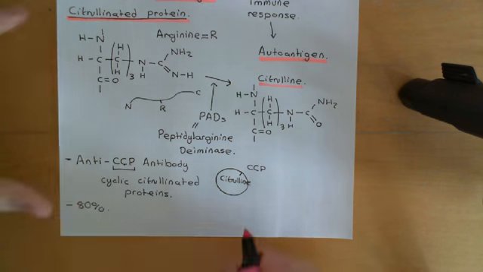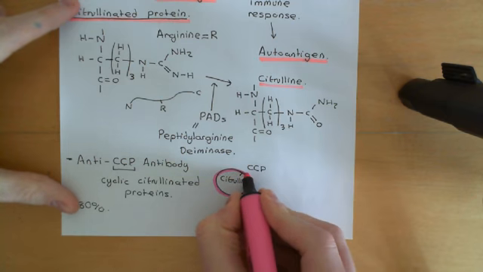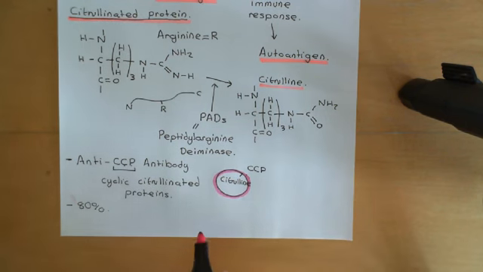They have antibodies that are capable of binding to our cyclic citrullinated protein. And you do not find these in the normal population. In fact, you do not find this in anyone who does not have rheumatoid arthritis. So if we get a positive result for anti-cyclic citrullinated protein antibodies, we can be pretty confident that that person has rheumatoid arthritis, basically.